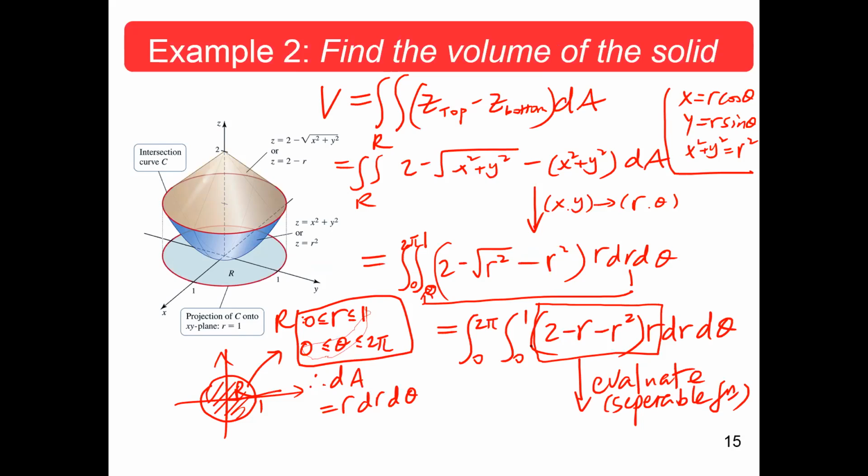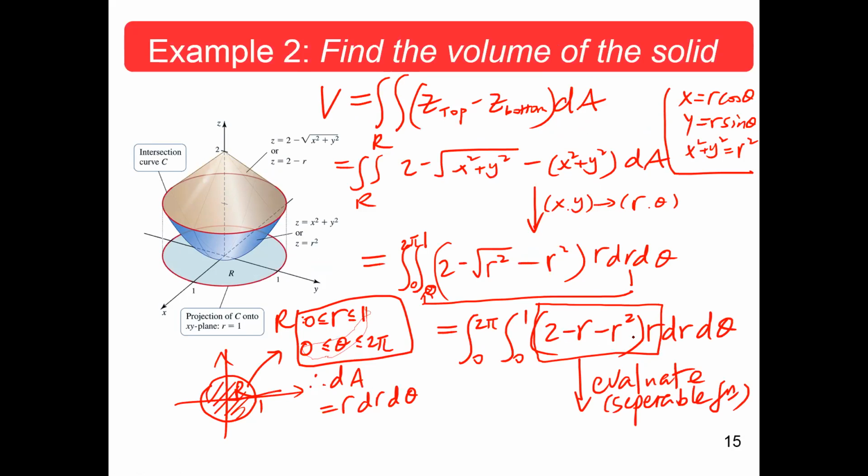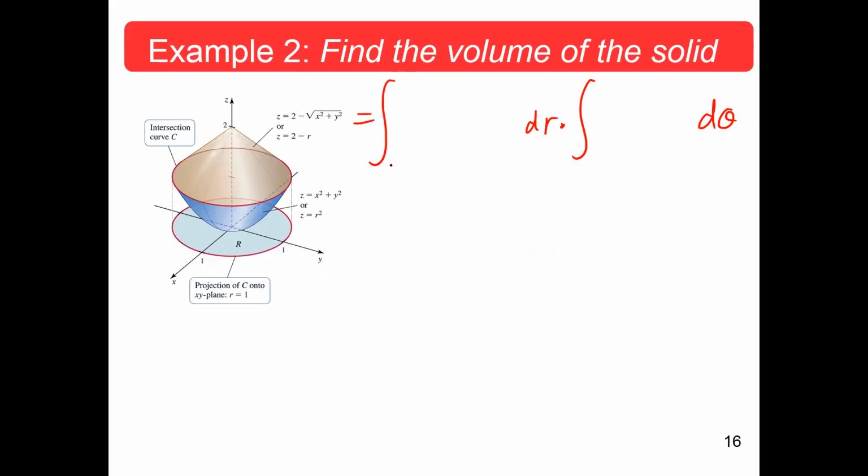If this is a separable function and the limits are bounded by constants, then I can separate this into the product of an integral of r and an integral of theta. So let's put the r's together. r is from 0 to 1, and then you have 2 minus r squared times r.